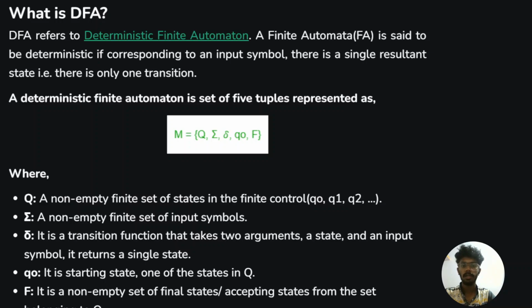Tau is a transition function that takes two arguments, a state and an input symbol, and returns a single state. Q naught is the starting state, one of the states in Q. F is a non-empty set of finite states or accepting states from the set Q.